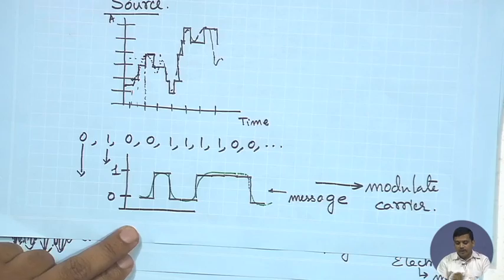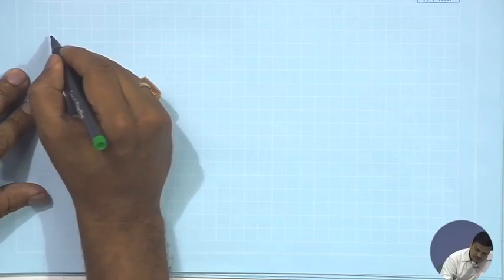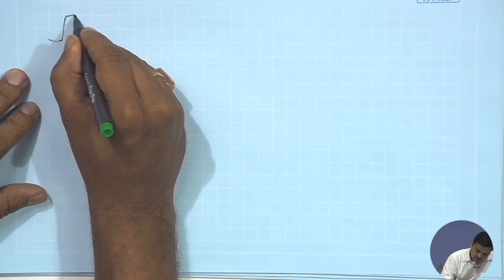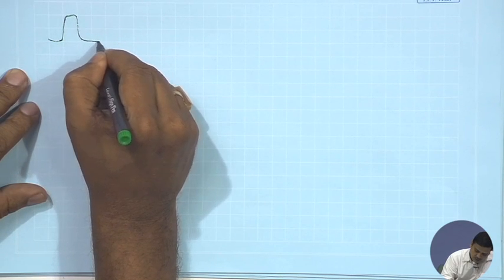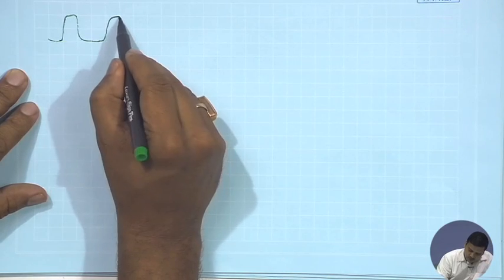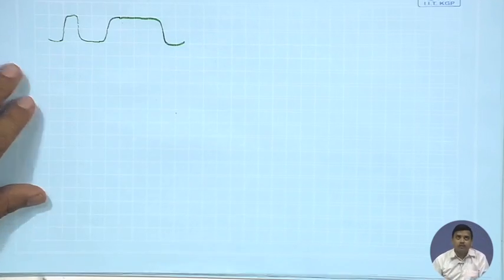So if my continuous input was like this, I would stress this point, because we are transiting from analog to digital, let us imagine that my source waveform was like this. No harm in imagining this particular thing, 2, 3, 4, and so on, and I want to send this. Is this a big difficult thing?